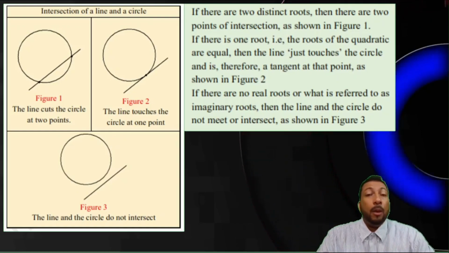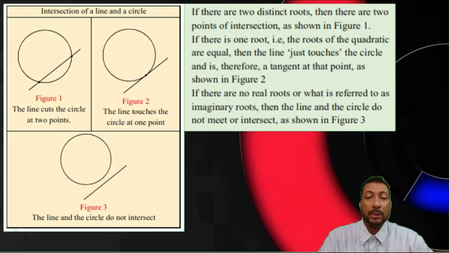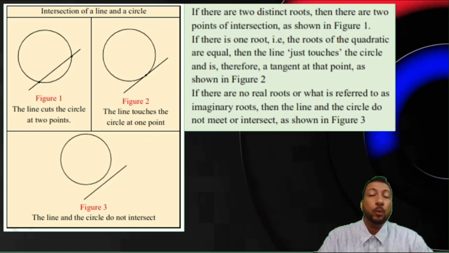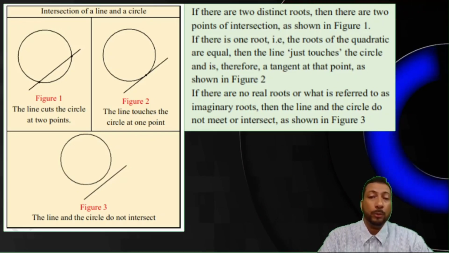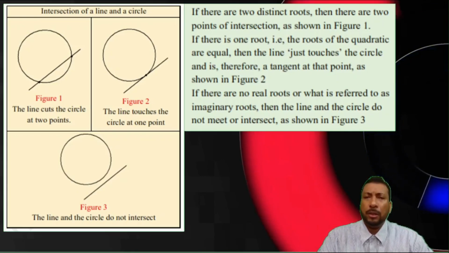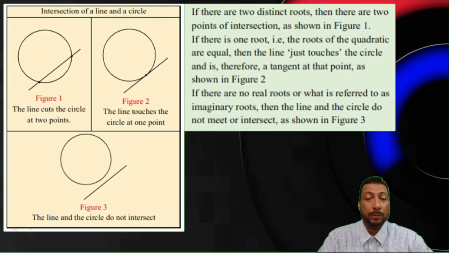So, when the line crosses the circle at 2 points, then there are what we call distinct roots, 2 separate roots. If it crosses the circle at only 1 point, then you have what we call real and repeated roots.